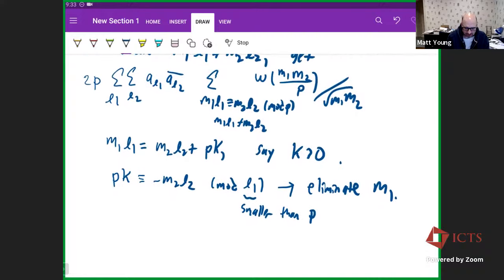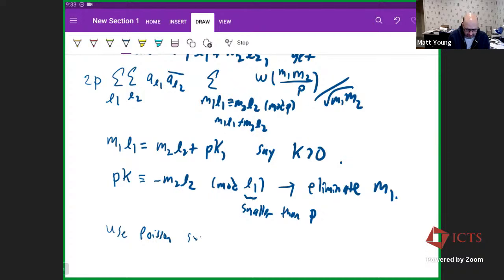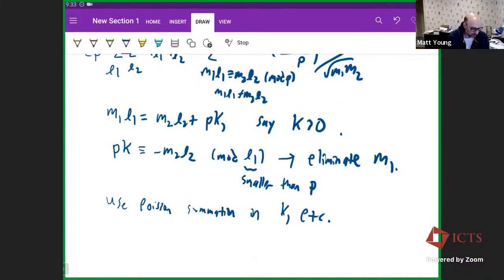So this is some progress, and maybe the key step. Then we can do various things like Poisson summation in K, and additional moves after that.